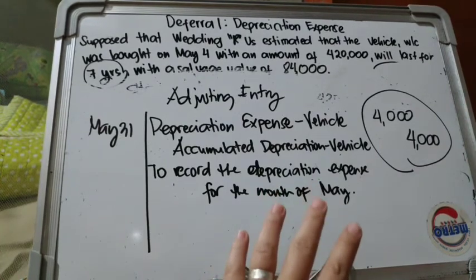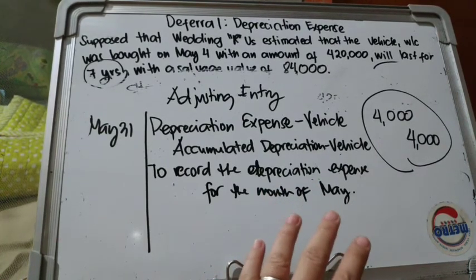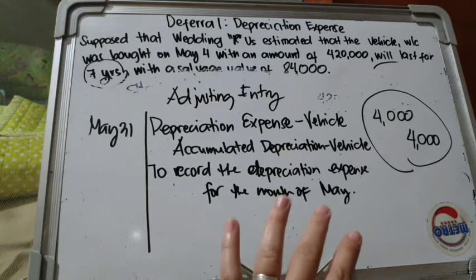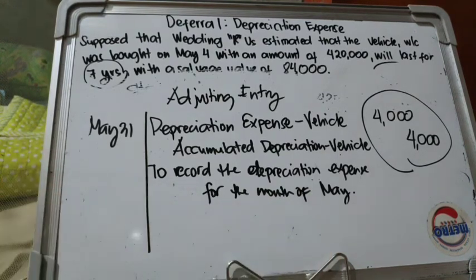Diba? It is the depreciation for the month of May. Ang pagbaba ng value ng iyong vehicle for the month of May in the amount of 4,000. So that is your adjusting entry on deferral depreciation expense. So we will now proceed to the last deferral, the last deferral adjusting, that is the unearned revenue.